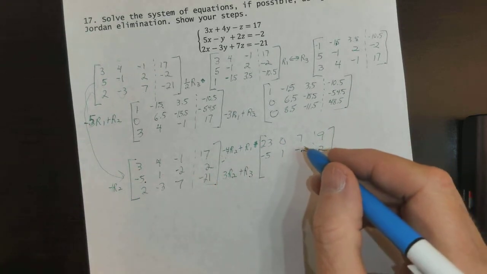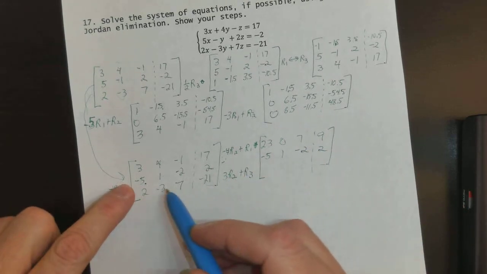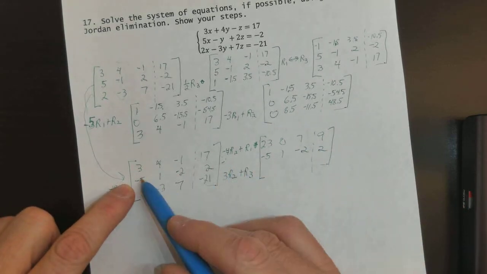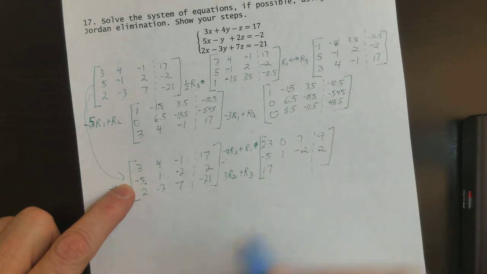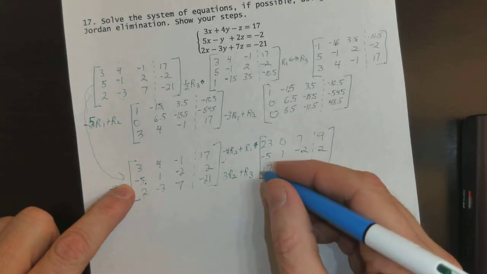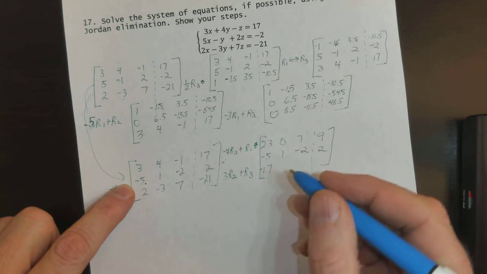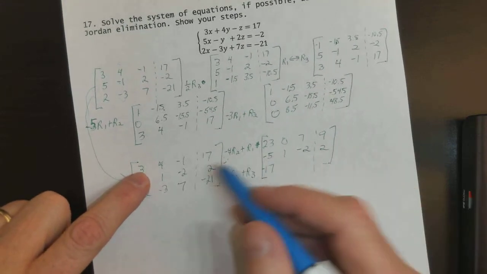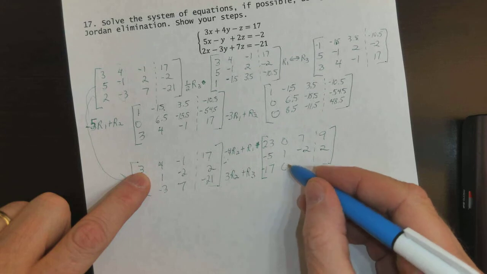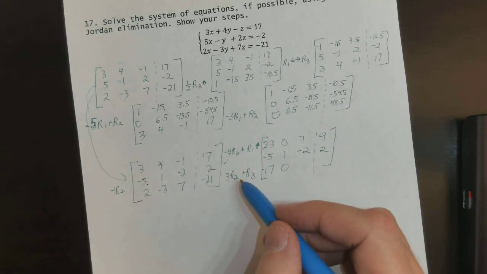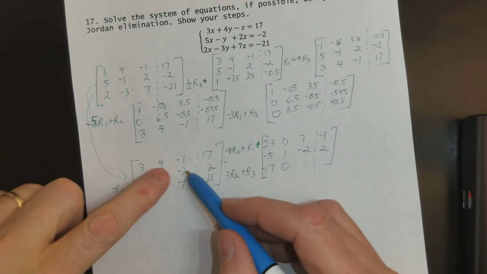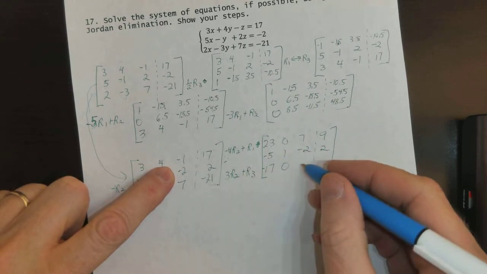I think that's right. Negative, or 3 times negative 5, that's negative 15 plus 2 is negative 13. This is 0. Negative 6 plus 7 is 1.